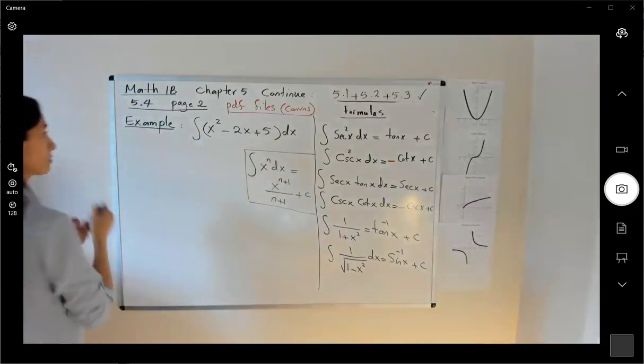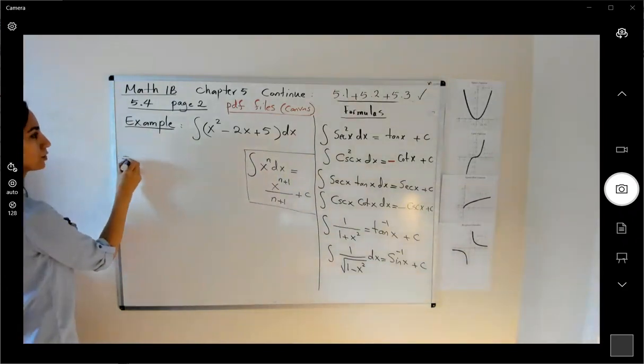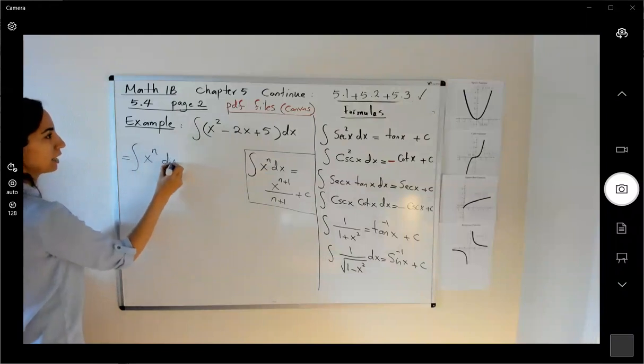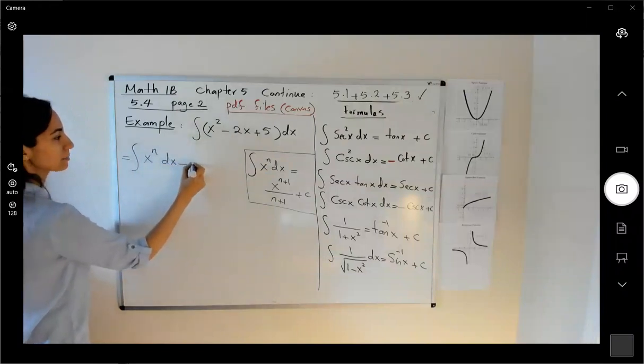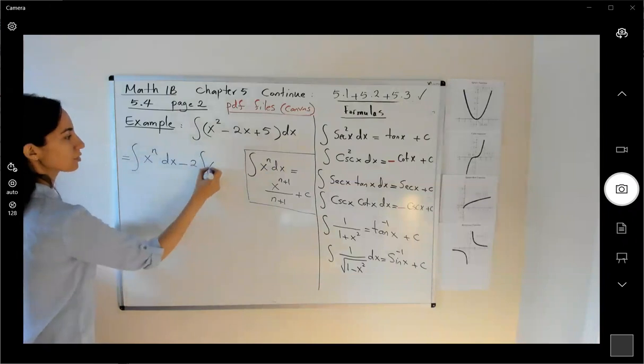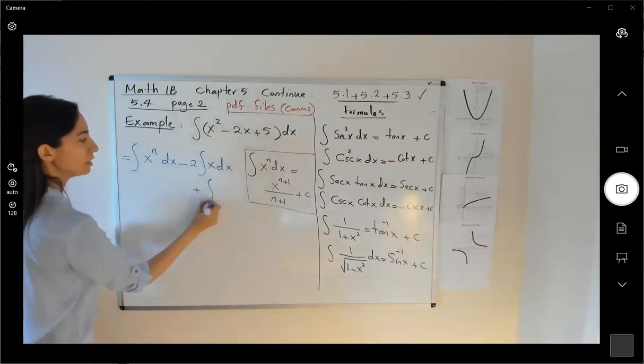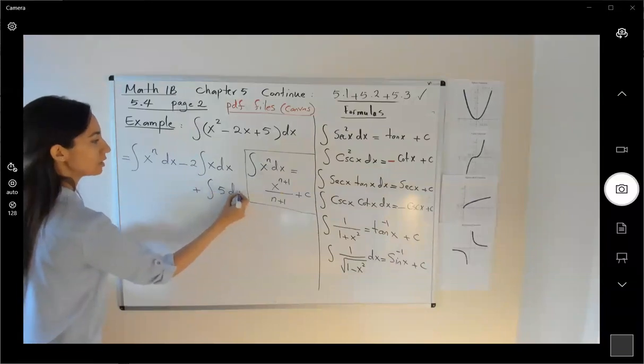This is equal to the integral of x squared dx minus 2 integral of x dx plus integral of 5 dx.